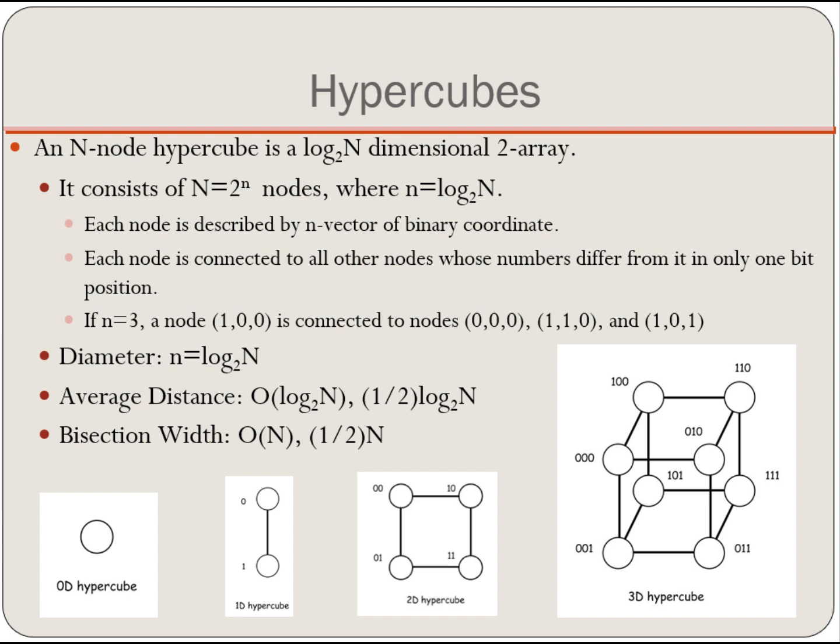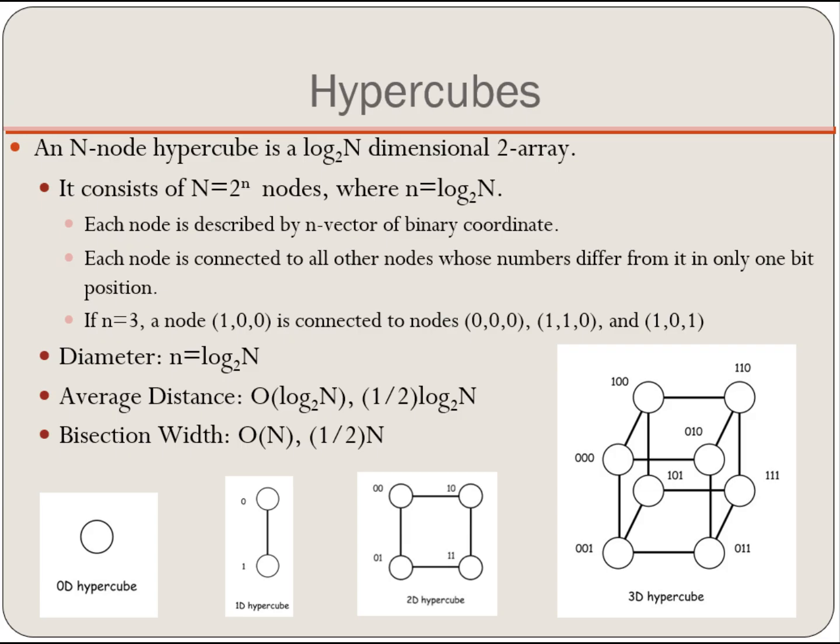The second bit difference gives this one, 1,1,0. And the last bit difference gives this one, 1,0,1. So another definition is that you can connect a log n dimension hypercube this way also.